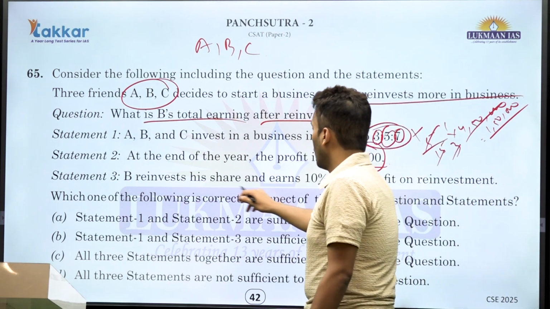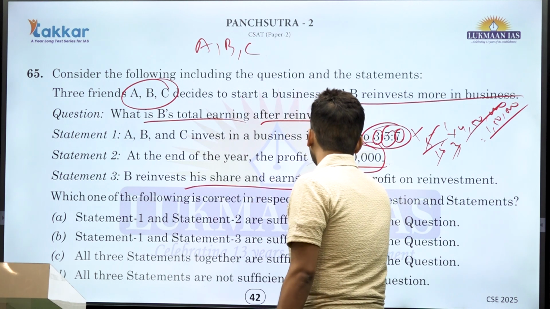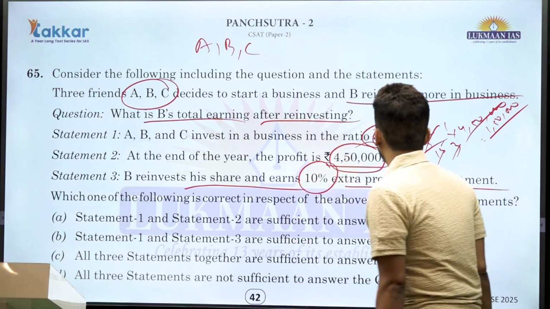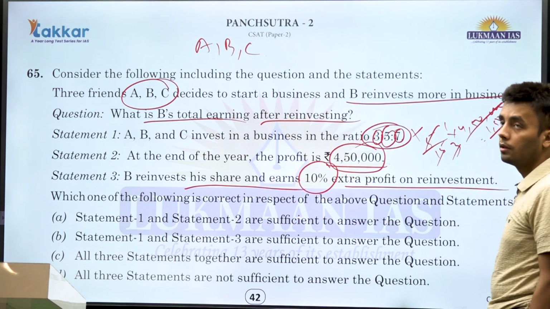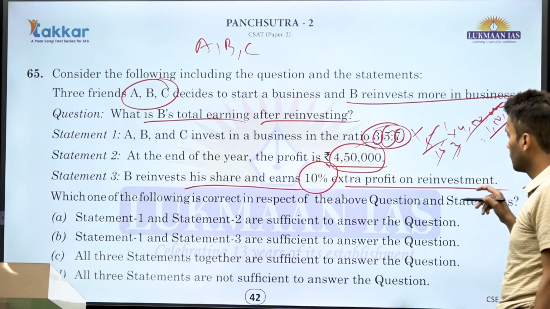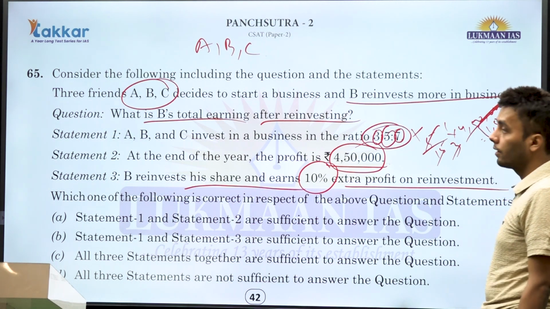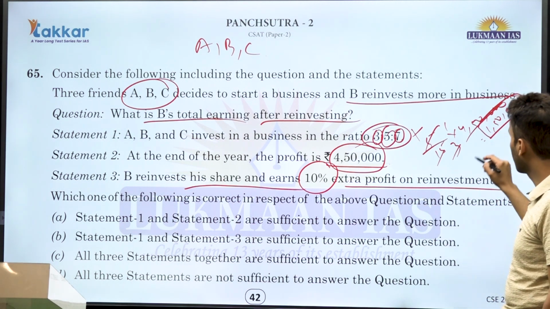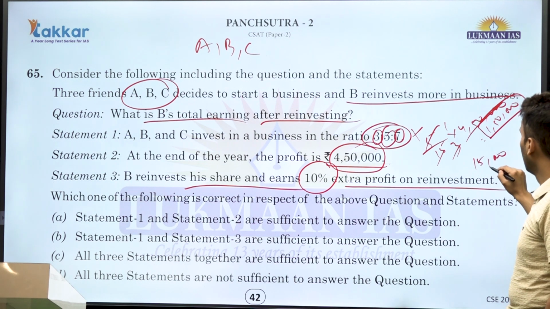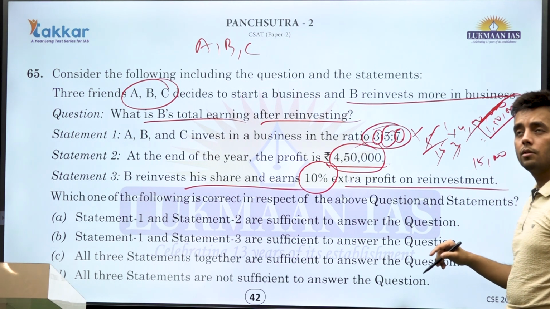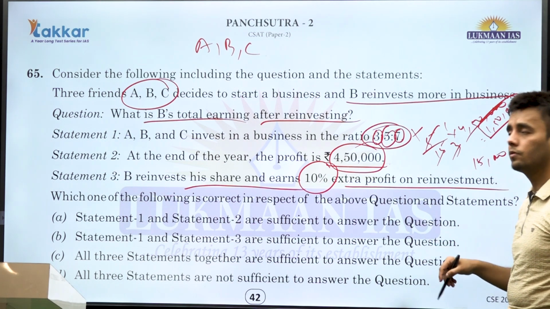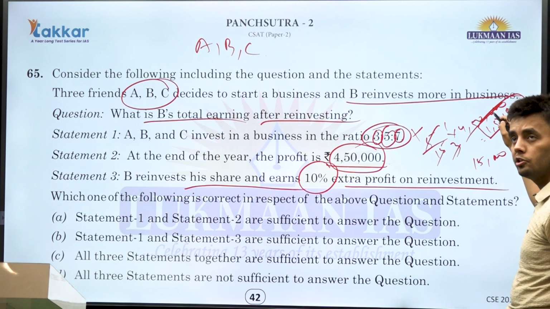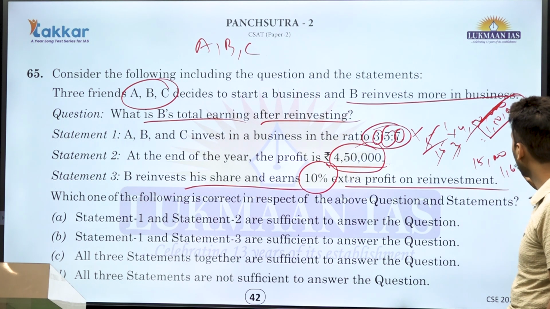At the end, B reinvests the share and earns 10% extra profit. He again invests this amount and gains 10%. What is 10% of this? 15,000. So what is the total amount he will have after reinvesting? It will be 15,000 plus the initial investment, that is 1,65,000.